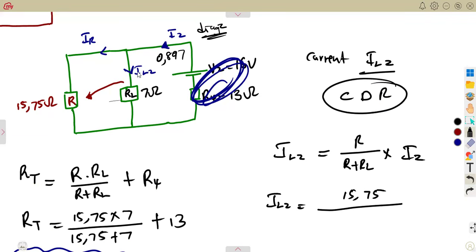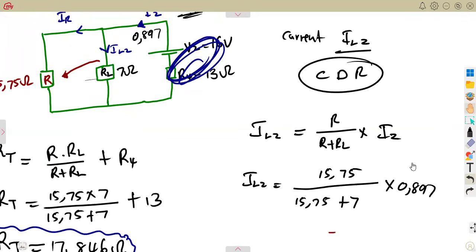So you see now the purpose of redrawing these diagrams smaller, because it can help you now to say, okay, this one I can simply calculate directly. 15.75 over 15.75 plus RL, which is 7, times the total current, which is our I2 of 0.897. So that was the idea of the question.